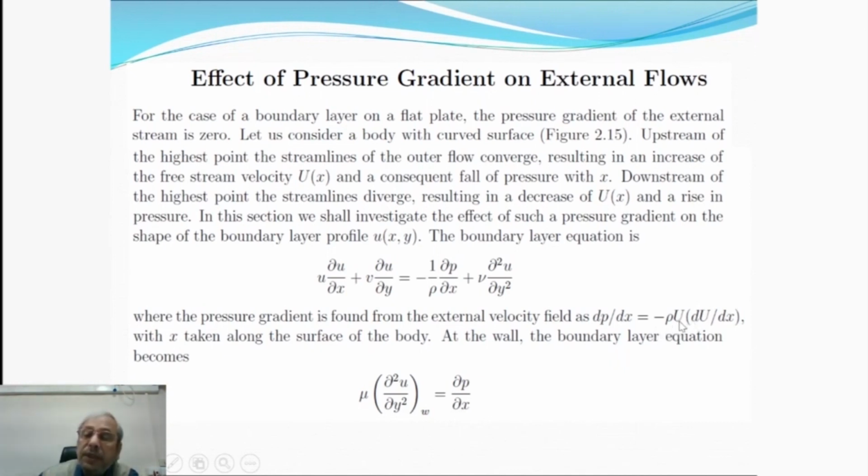Uppercase U we are using because it is no longer u infinity, it is the free stream velocity, but it has a local variation with x, with x taken along the surface of the body. At the wall, the boundary layer equation then becomes μ ∂²u/∂y² = ∂p/∂x.